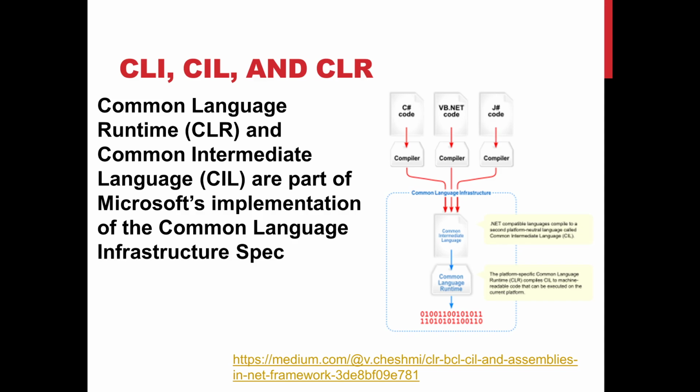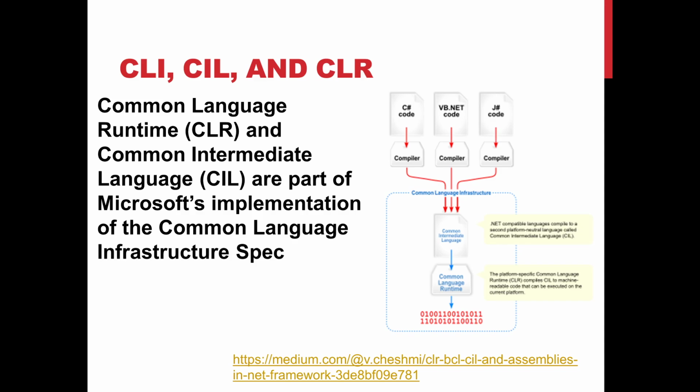This diagram will help you understand the relationship between CLI, CIL, and CLR, which is how C Sharp and other supported .NET languages are run, and how these acronyms relate to each other.